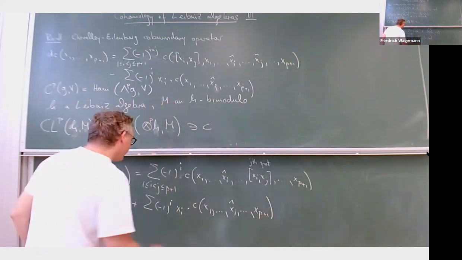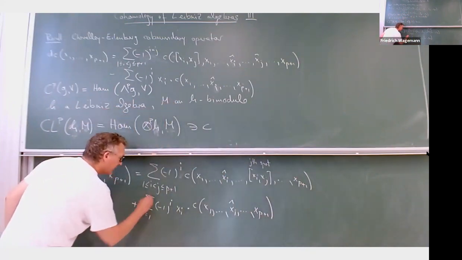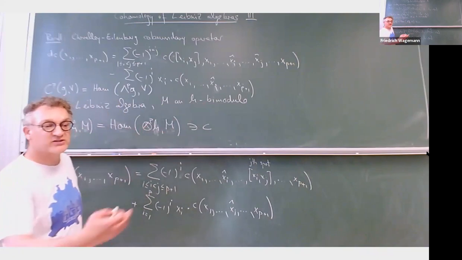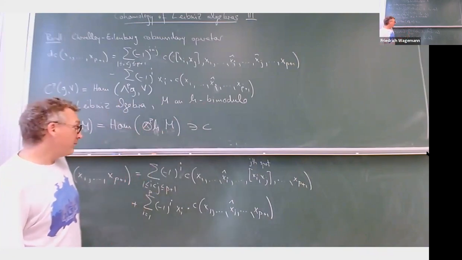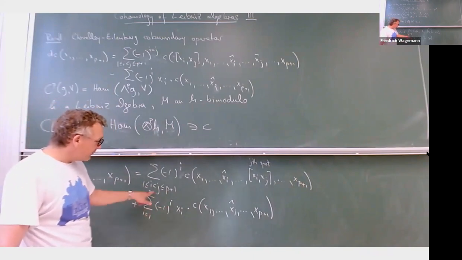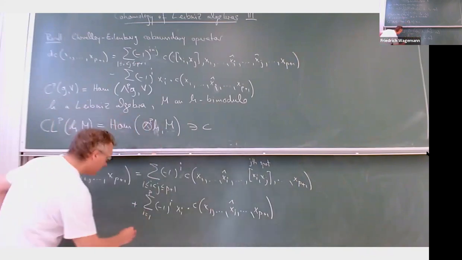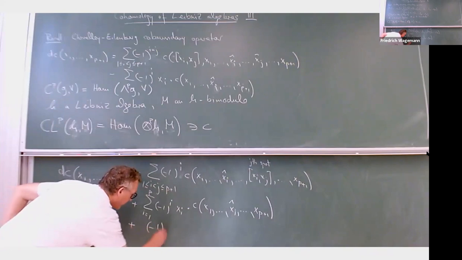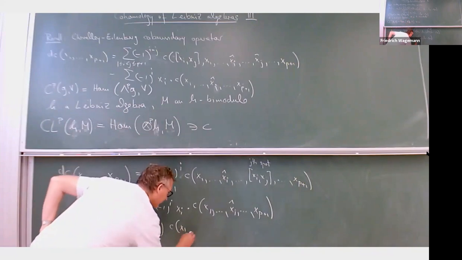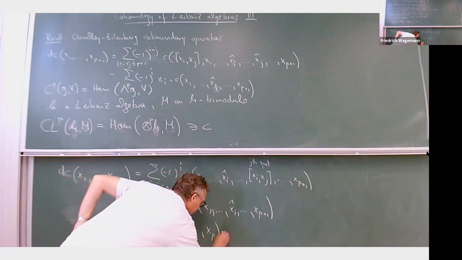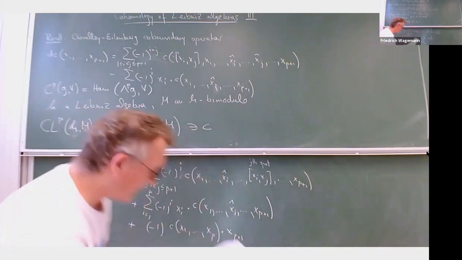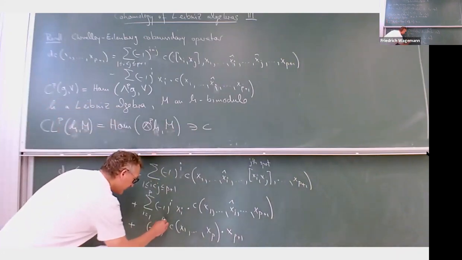But the only difference is now you have a bimodule here. M is an H-bimodule. So you have this left operation and the right operation I talked to you about on Monday. You will only take for the p first elements this left operation, and then you put in a term with the right operation. This is the term with the right operation, and the sign is p plus 1.